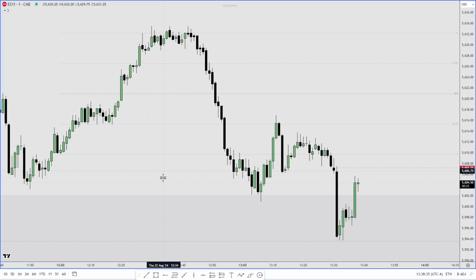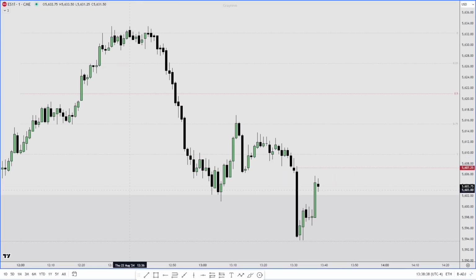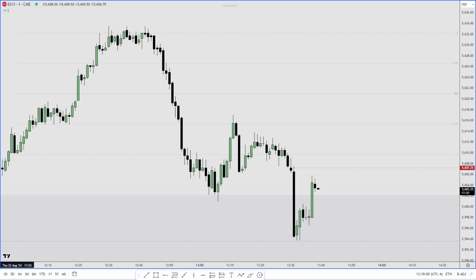No SMTs. If we can close above these 1, 2, 3, 4 down close candles, I'm going to look for this high.